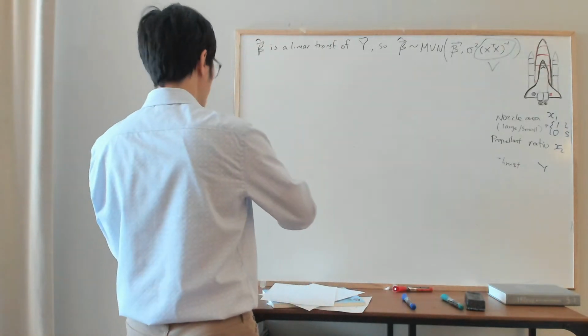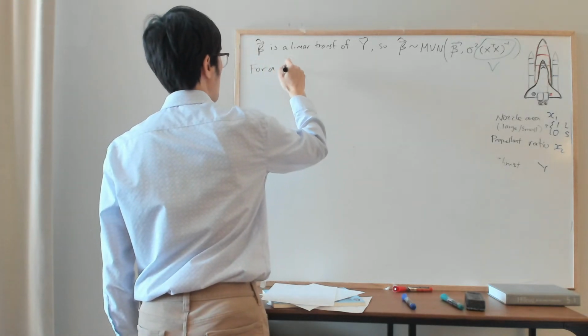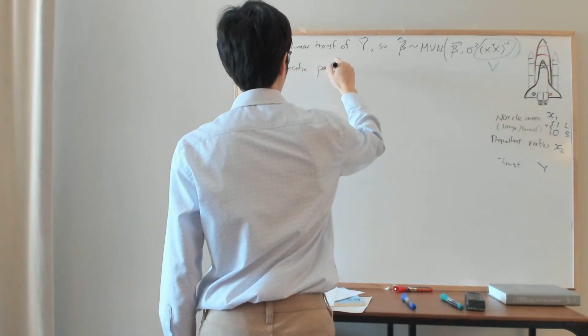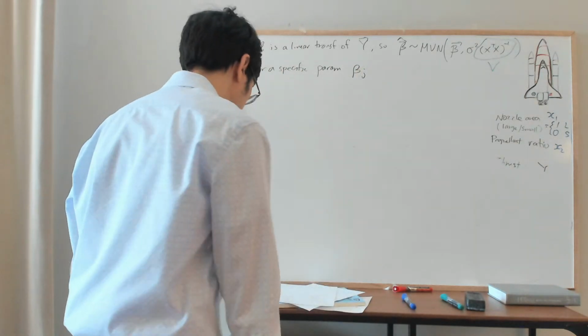Okay, so now for a specific parameter, we look at beta j, for example.